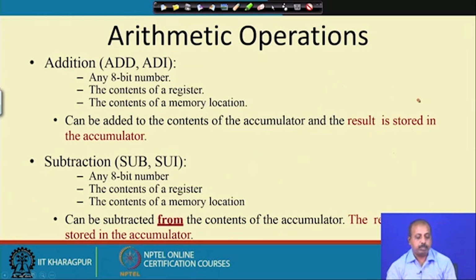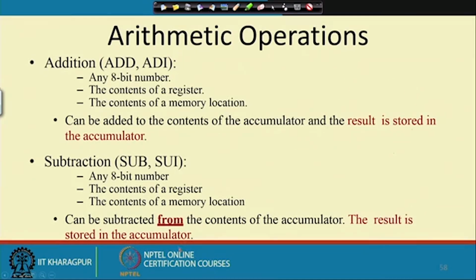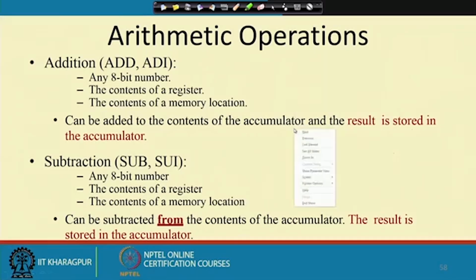It subtracts from the accumulator and the result is stored in the accumulator. So, for both ADD and SUB instructions, the destination is the accumulator. The second source operand may be something else, but the destination is always the accumulator.